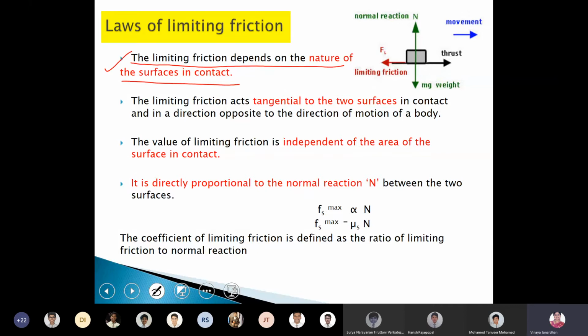Anyone who still has a doubt in this statement, boys? 11B, anyone having a doubt in this statement? Right, because these laws of limiting friction are important. Please do write: the limiting friction depends on the nature of the surfaces in contact. If the surfaces are smooth enough, then your frictional force will be less.